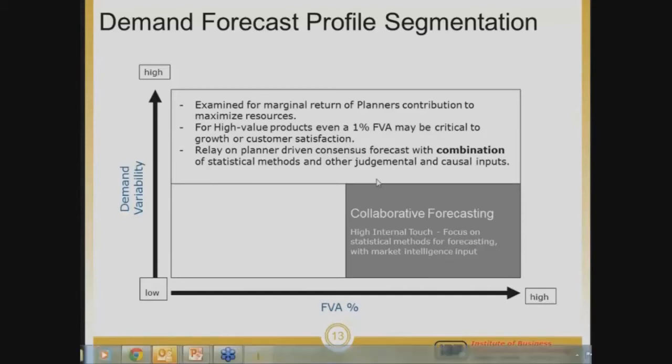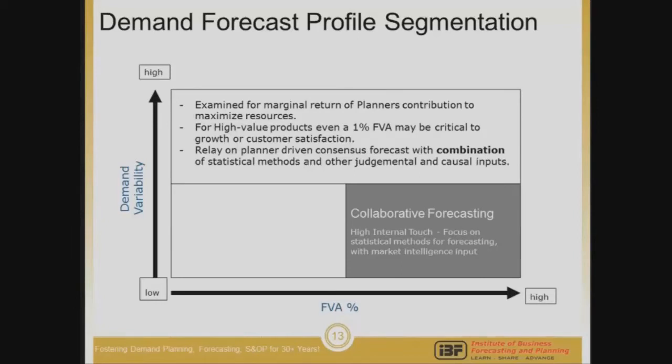I may just be adding 1 or 2% forecast value add. For a commodity type item, it's not worth putting a lot of effort and a lot of my planners' time into, where I'm not going to get a huge forecast value add, a lot of return out of it.